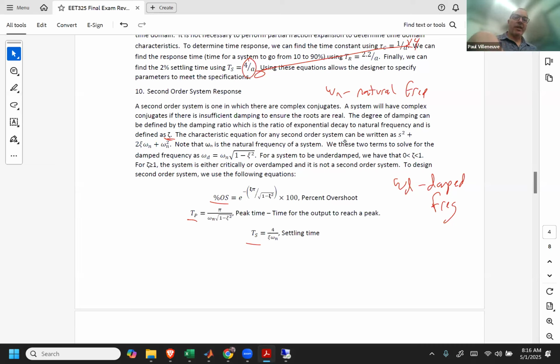These two equations are exactly the same. It's just that a equals zeta omega sub n. So if you were to do the quadratic equation, you'd recognize that the real part is that zeta omega sub n. And we'll see why in a little bit, why that makes sense. But being able to do and understand this really allows you to pick some design parameters or specify some design things based on, I want to have these performance criteria.